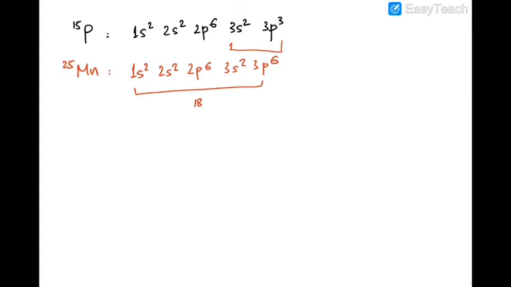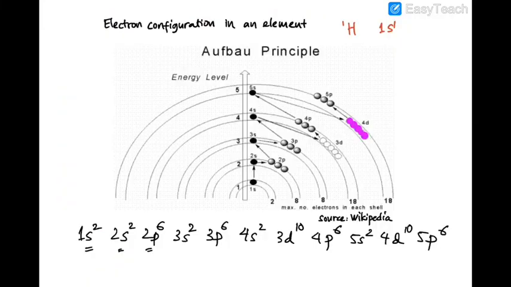In this case, of course, we're going to move to the 4s. 4s has 2 electrons as well. Now we have to put 5 more electrons, right? But don't forget that after 4s, we don't move to 4d. Instead, after 4s we start with 3d, because 3d has a lower energy than 4p.